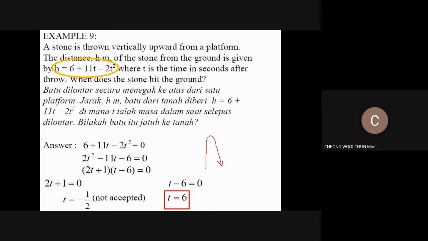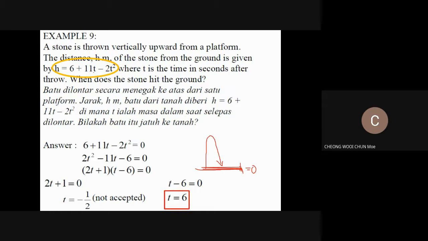When does the stone hit the ground? The h is the distance. So when it hits the ground, the distance is 0. The h is 0. No more distance between the stone and the ground. So then you know the time when the stone hits the ground.